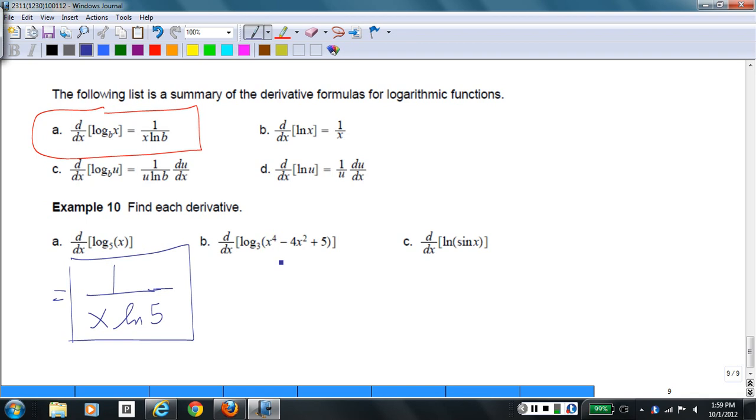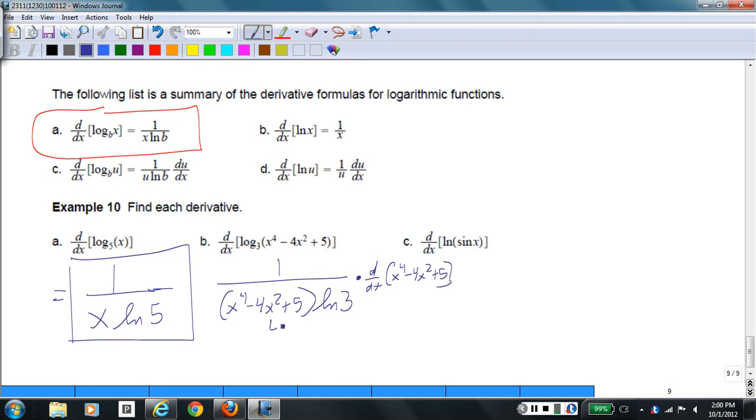d dx of log base 3 of this expression, this is the chain rule. The derivative of the outside function is the log. So we have to think, okay, the derivative of log base 3. The derivative of log base 3 of an expression is 1 over that expression times the natural log of 3 times the derivative of that expression. d dx of x to the 4th minus 4x squared plus 5.